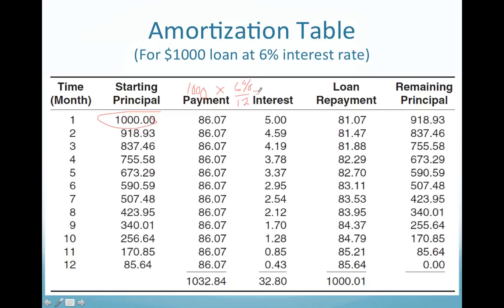That gave us 0.5%, which, when the decimal gets moved two places to the left, gives us that number there.